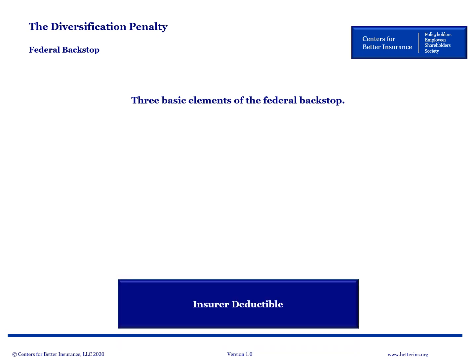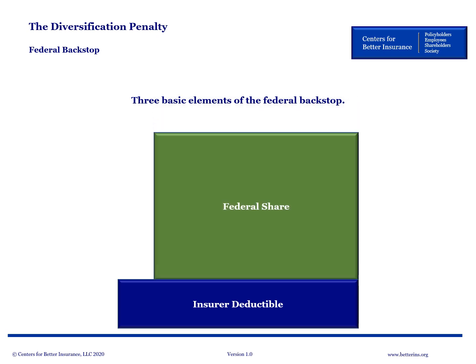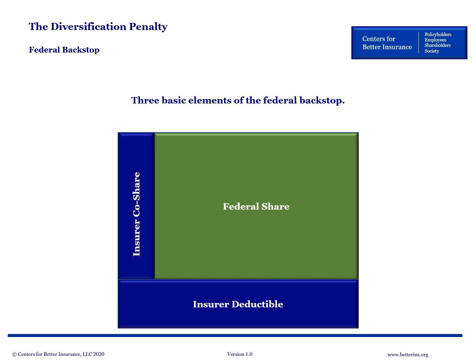Once the insurer has satisfied this deductible, the backstop reimburses the insurer for additional losses. This reimbursement is known as the federal share. The unreimbursed portion above the deductible is the insurer co-share. This episode focuses on how the design of the insurer deductible undermines sound risk management principles.